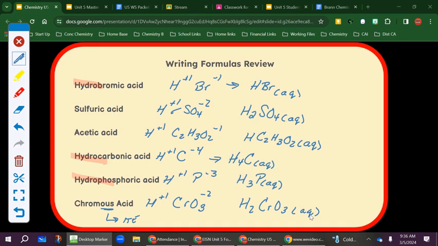Now, again, the nice part about hydrogen being in here, ladies and gentlemen, is you will never put any of these in parentheses. Never. Okay? Because the only number that would go by these is a 1.